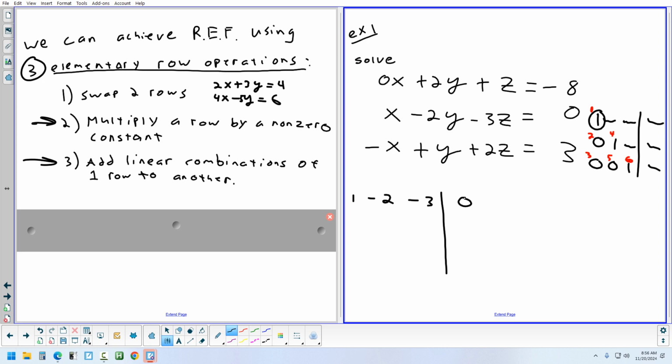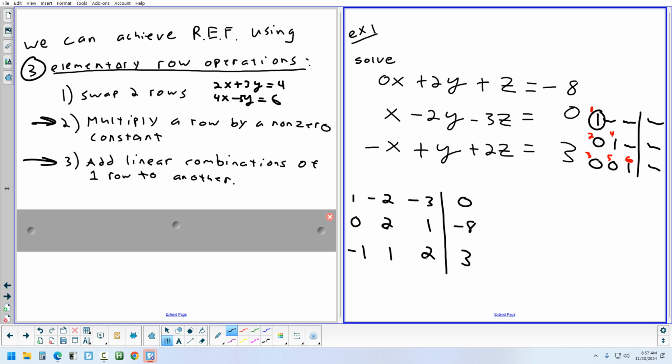What's going to be my second row? 0, 2, 1, -8. Second row. And what about my third row? -1, 2, 3. 3. Okay, so all we've done at this point is swap the first and the second row, and we've represented everything in a matrix.